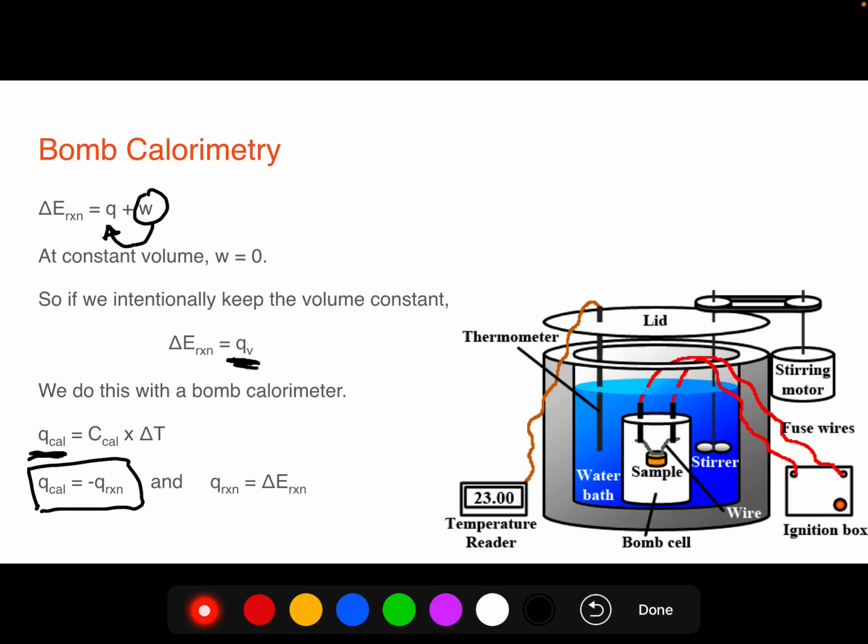And so if we figure out the heat of the reaction, then that is Q at constant volume, which is the internal energy of the reaction. So all three of these equations down here are important. These two right here are kind of common sense if you can think through what's actually happening. This one is the equation that you'll definitely want to remember.